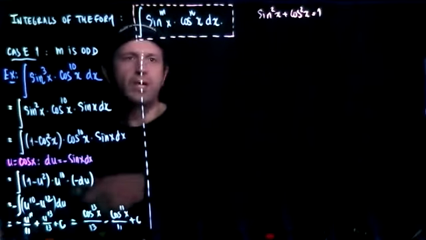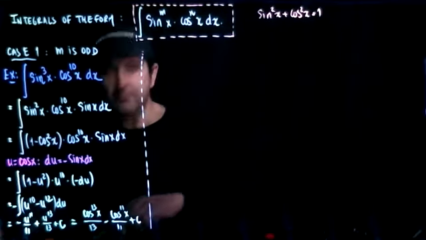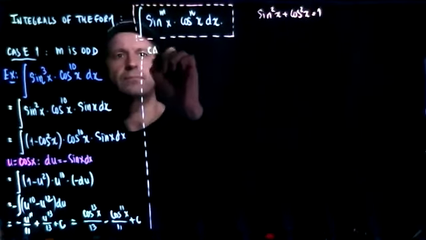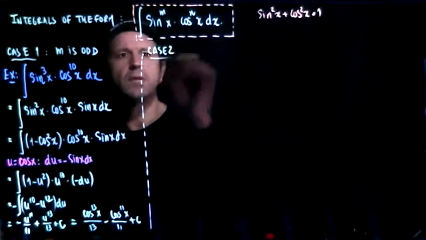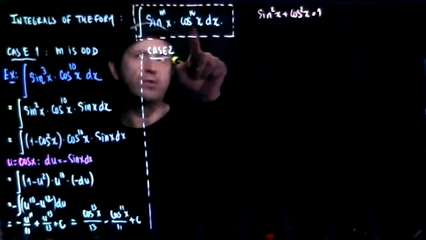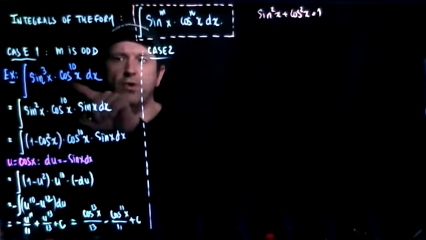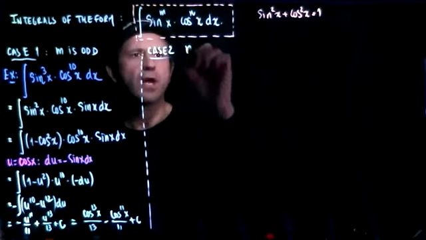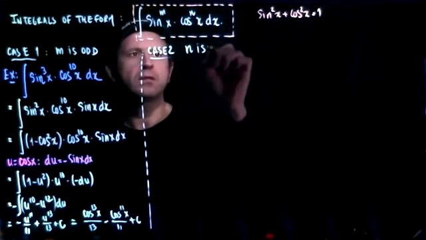Okay, so this is the first case. Second case is, of course, when n is odd. Now imagine the exponent of the cosine is odd.